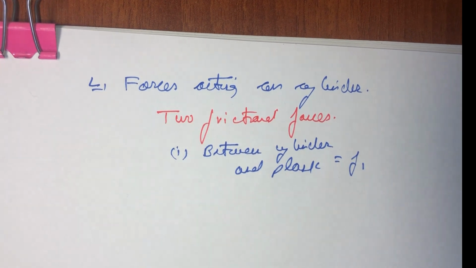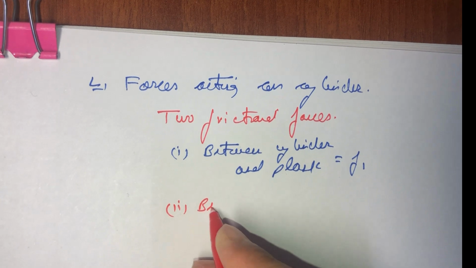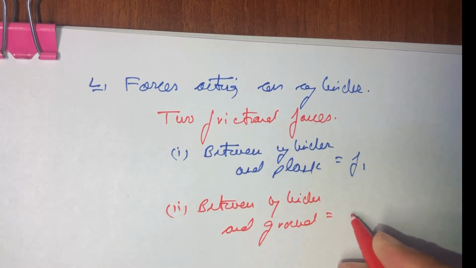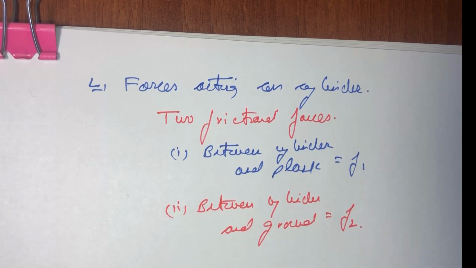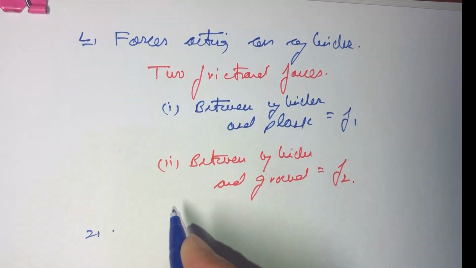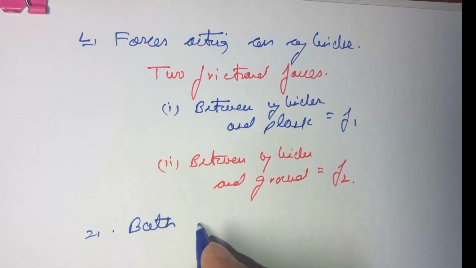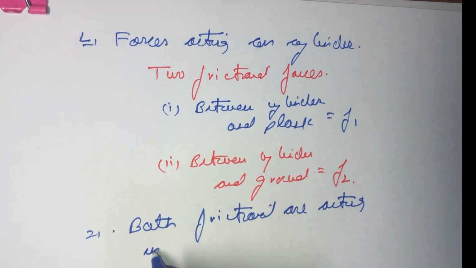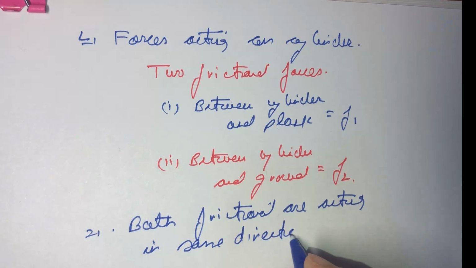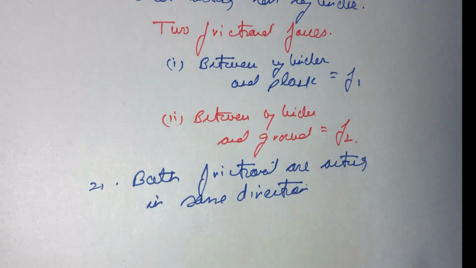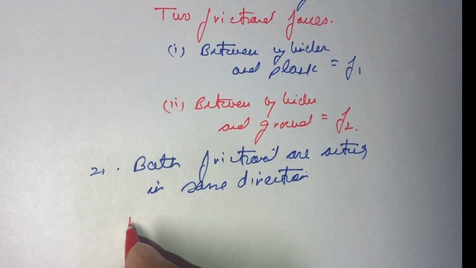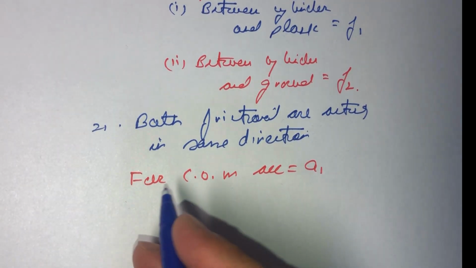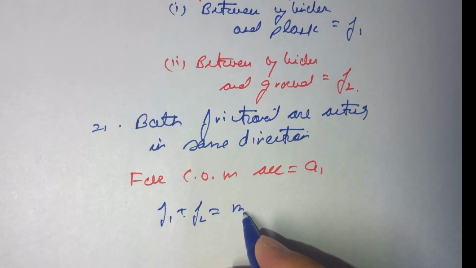The second is between the cylinder and the surface, the ground, and that is F2. Both frictional forces are acting in the same direction, and for the center of mass acceleration a1, we can write the equation F1 plus F2 equal to m1 multiplied by a1.